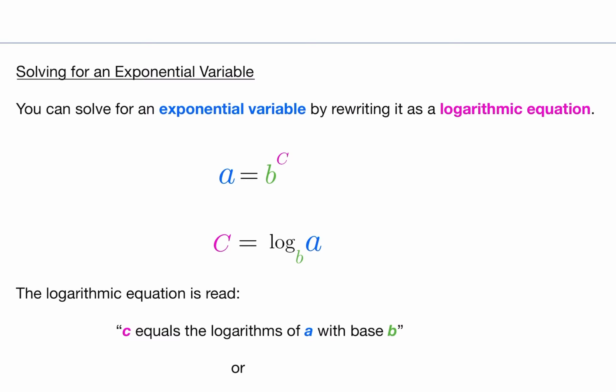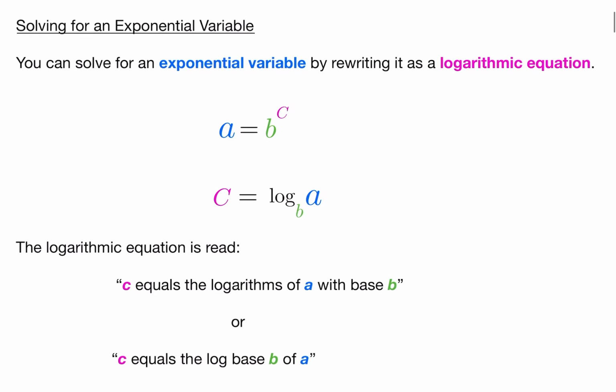Here's what I mean. If we have an equation, some value a is equal to b to the c power, and we want to solve for c, we can rewrite this as c is equal to the log base b of a, or log of a base b.